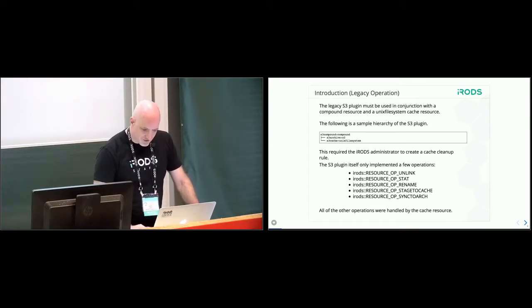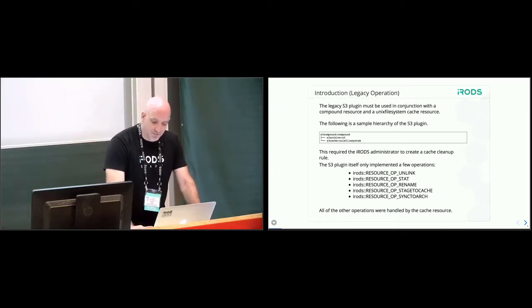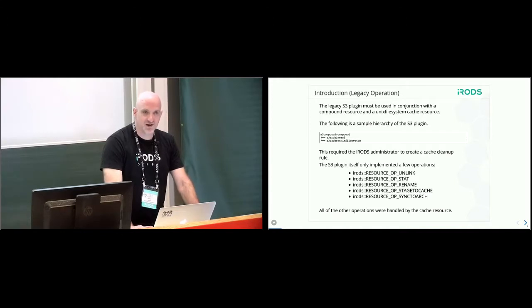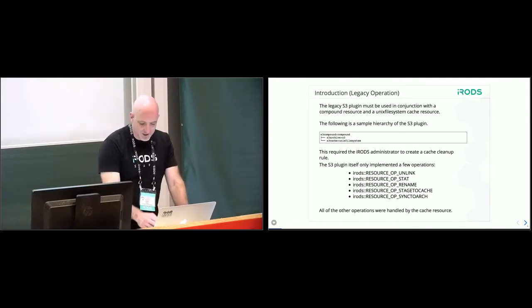So the original S3 plugin basically implemented a few operations that the resources have to implement, but it didn't implement all of them, and therefore it needed the cache in front of it. The only things it implemented were these 5 right here. The most important is the stage to cache and sync to archive.